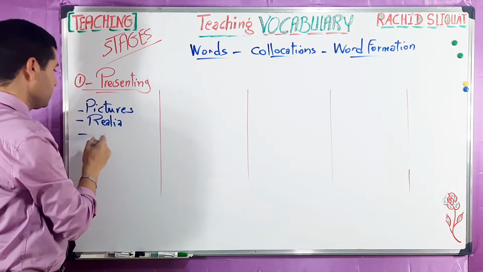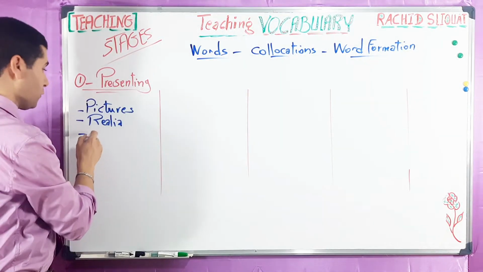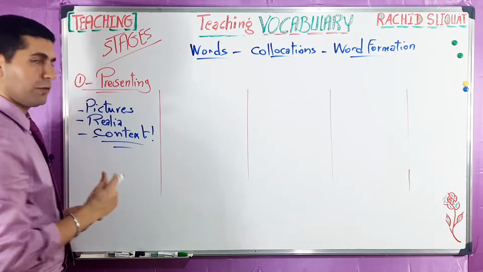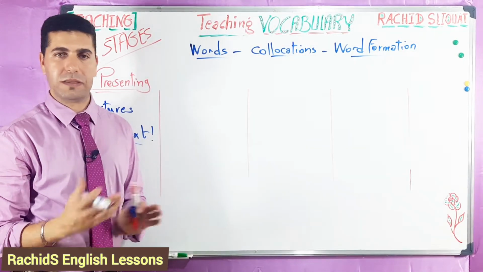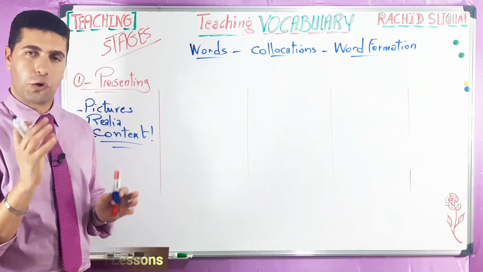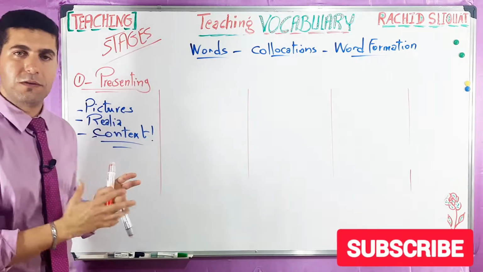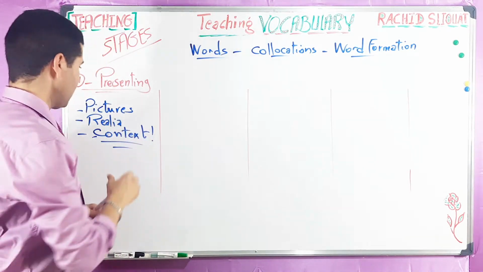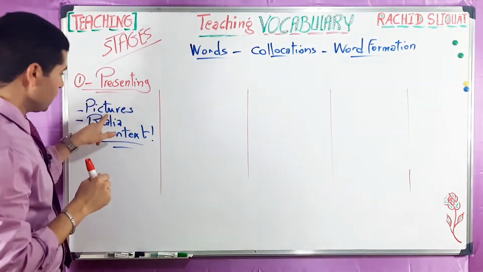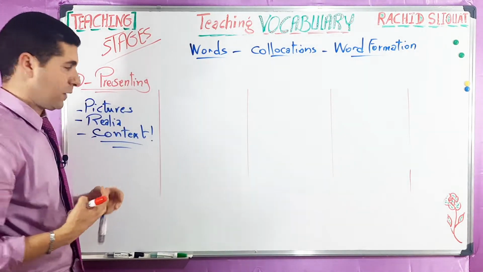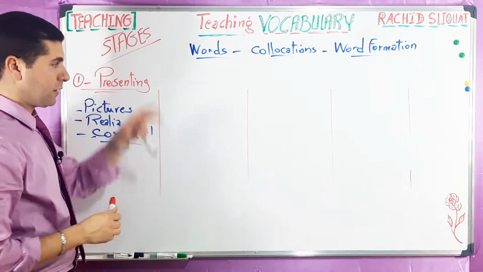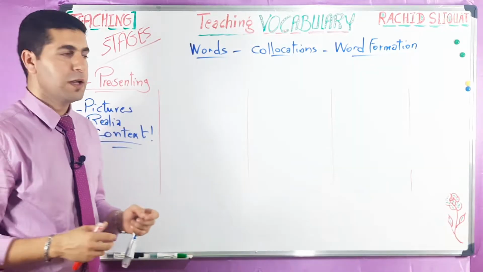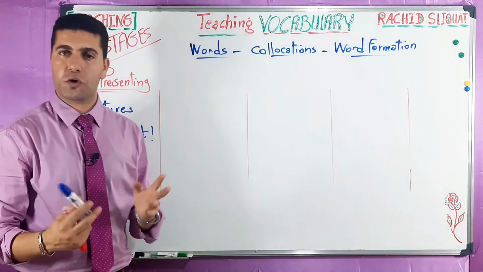You can also use body language, or better, the context, etc. When I say context, it can be a dialogue, sentences, or a short text. By the way, when you use pictures or realia to present vocabulary, for sure you write the words on the board. You can present them in the form of, for example, a diagram or a chart.